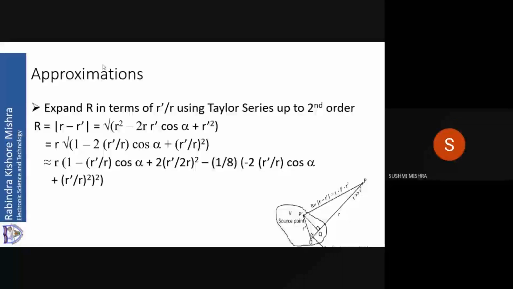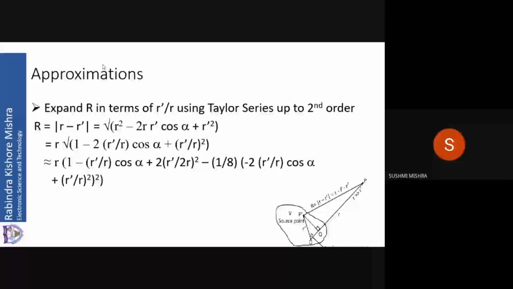So this will be approximately equal to r into 1 minus r dash upon r cos alpha plus 2 r dash upon r dash upon 2r whole square. That is actually r dash square upon 2r square.